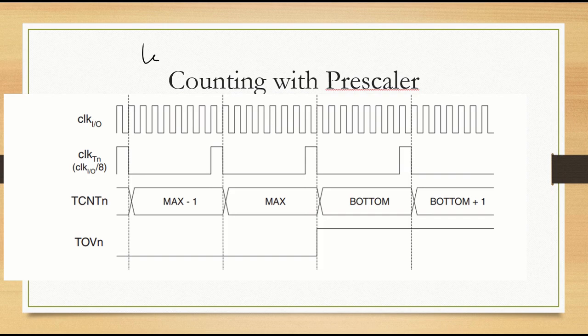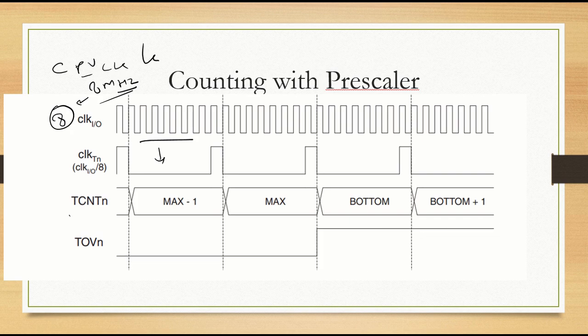So let's say we have CPU clock of 8 megahertz and we want to divide it by 8. So we can select an appropriate prescaler from the available options. So in this case, this input clock will be divided by a certain value, and then this new clock pulse will be counted.